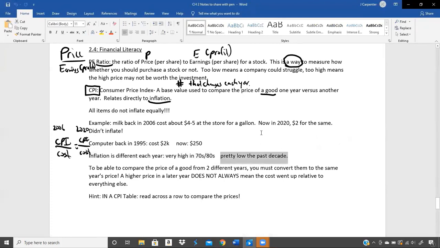We have the Fed that regulates that and tries to maintain that. So currently, the Fed is trying to bump up inflation because of everything going on, but let's not get into the greater grand details of that.